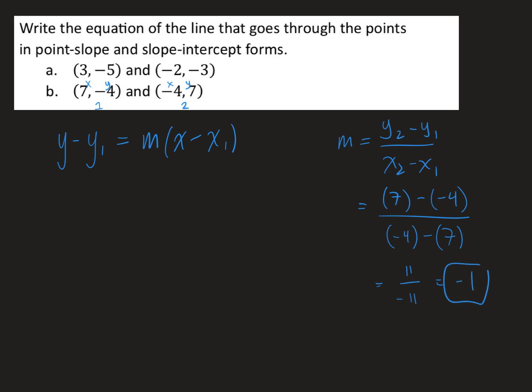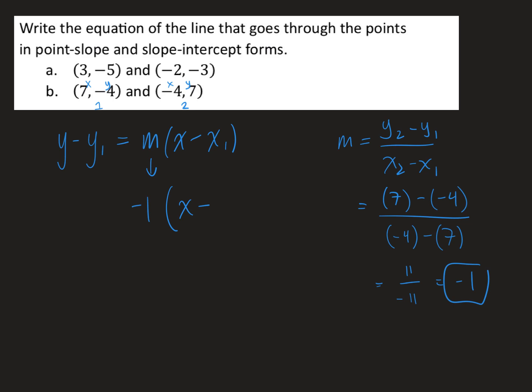And this is a really nice slope to have because we can just substitute negative 1 in here for the slope, the m value, and then we get x minus, we can take either of these points and use it in the point slope formula. I think I'll just stick with x1, y1 because that's what I see here.